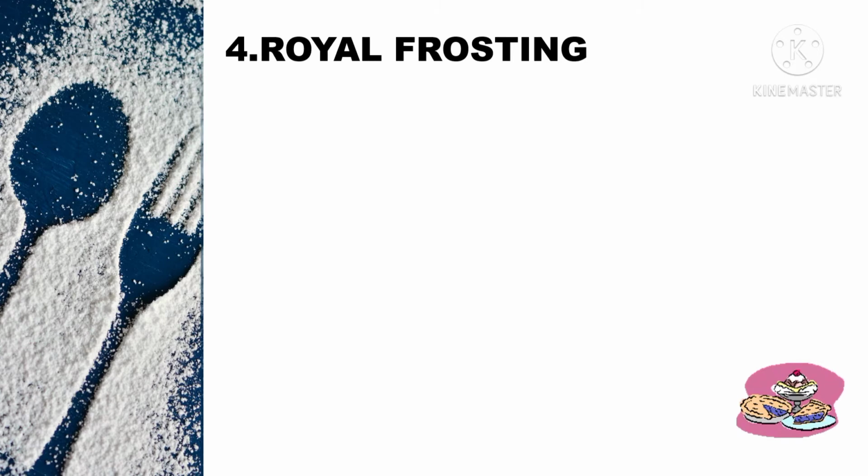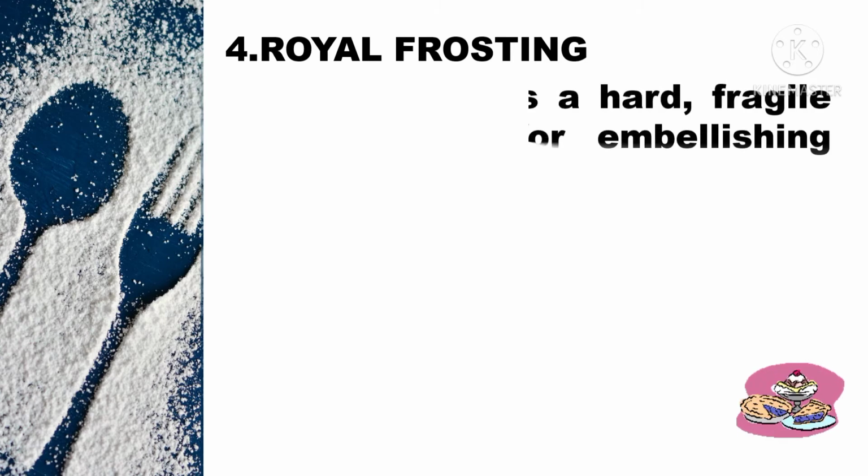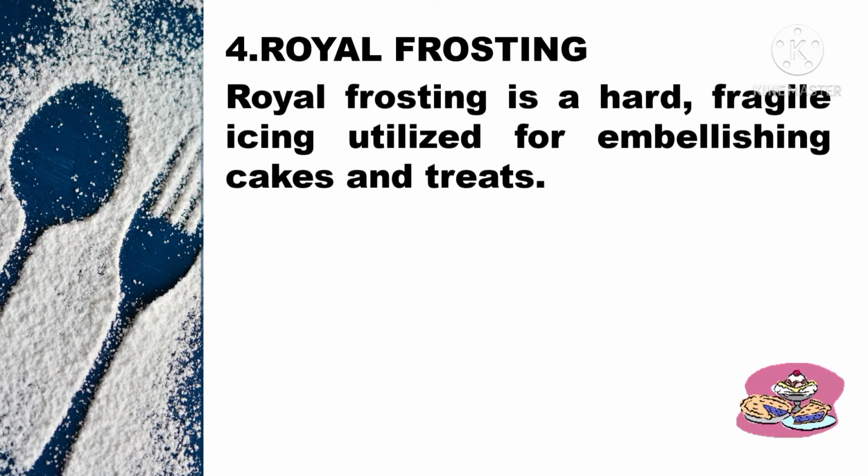Fourth one, royal frosting. Royal frosting is a hard, fragile icing utilized for decorating cakes and treats. You can make it from scratch, utilizing powdered sugar, egg whites, and fluid, yet many bakers lean toward utilizing meringue powder, which is available at the basic kitchen, craft stores, and even some supermarkets.